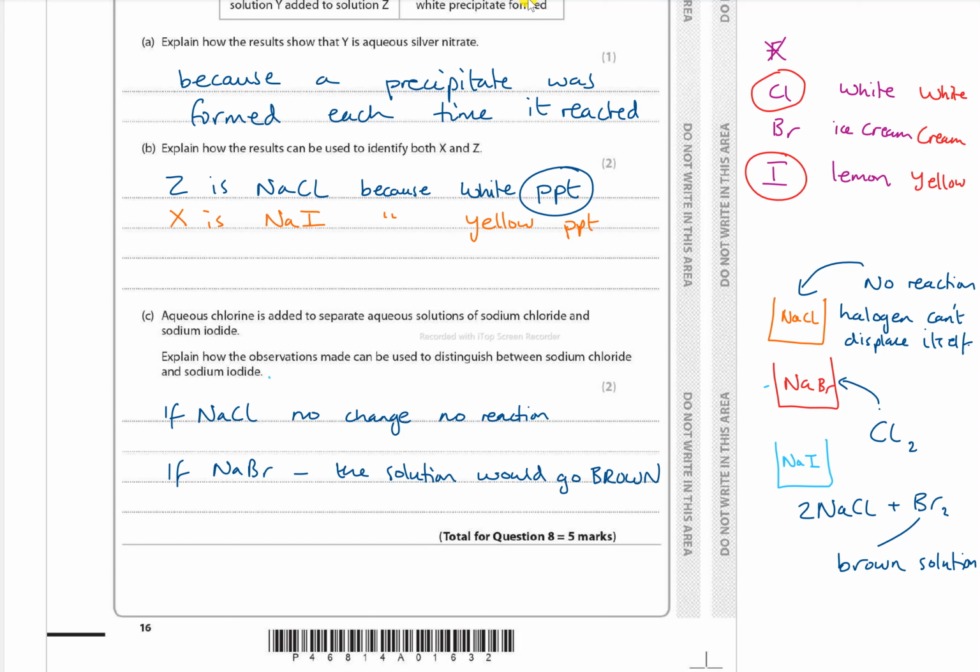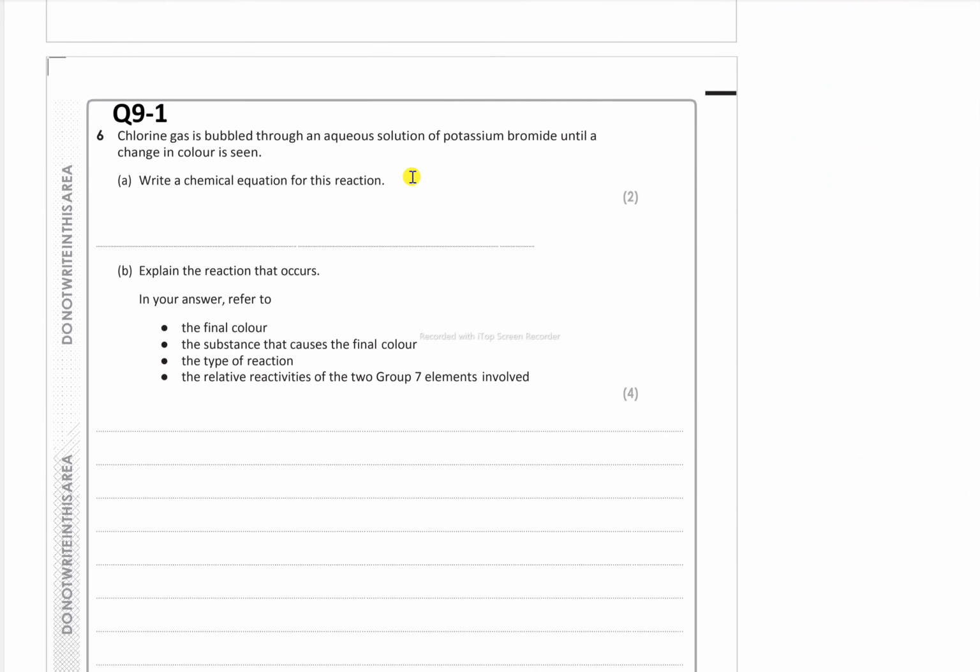What is brown? Bromine water. Bromine depends on how concentrated it is, but they've said bromine water is brown, and we're used to orange bromine water, so brown, orange, light brown, they'd accept that.